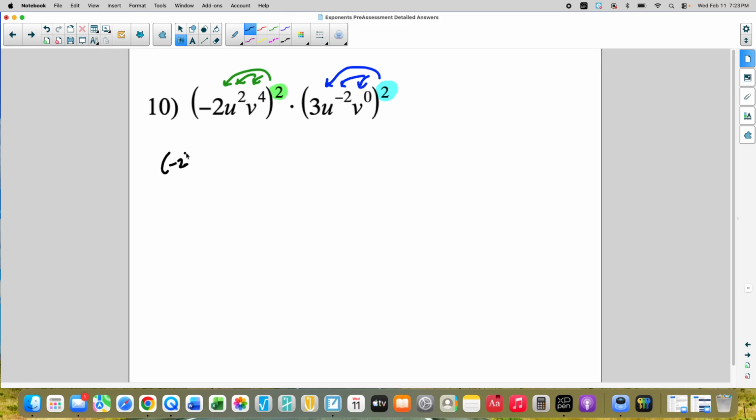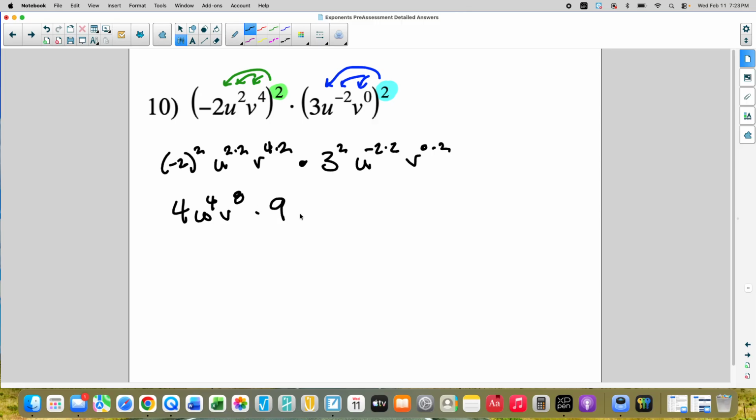That is the quantity of negative 2 to the second, u to the 2 times 2, v to the 4 times 2, times 3 to the second, u to the negative 2 times 2, and v to the 0 times 2. This is positive 4, u to the 4th, v to the 8th, times 9, u to the negative 4, v to the 0.